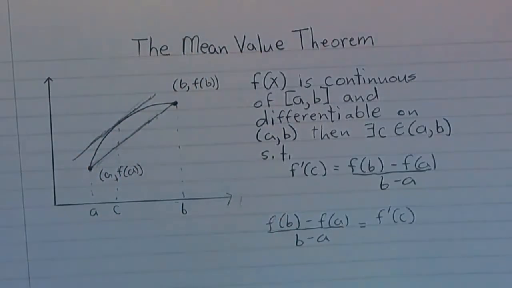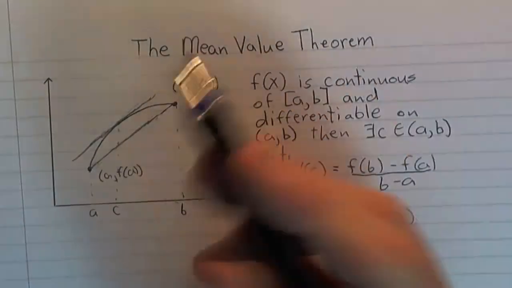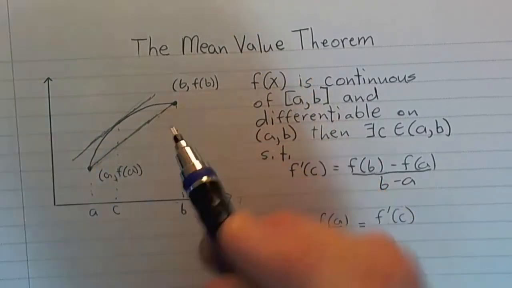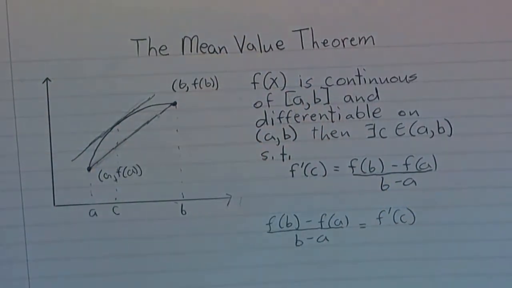Now, one of the ways to help you to understand from a practical sense, let's suppose that you're driving along and you drive for a couple of hours and you compute your average speed. Let's suppose your average speed, which would be like the slope of this line right here, the average rate of change, was 70 miles an hour.